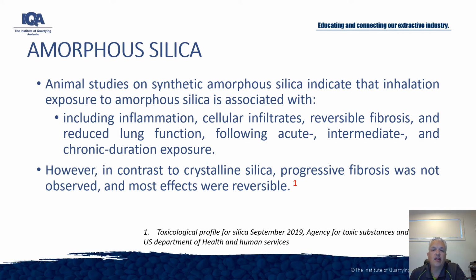Animal studies on synthetic amorphous silica indicate inhalation exposure is associated with inflammation of the lungs, cellular infiltrates, reversible fibrosis, and also reduced lung function following acute, intermediate and chronic exposure. However, in contrast to crystalline silica, progressive fibrosis was not observed and most effects were reversible to some extent.